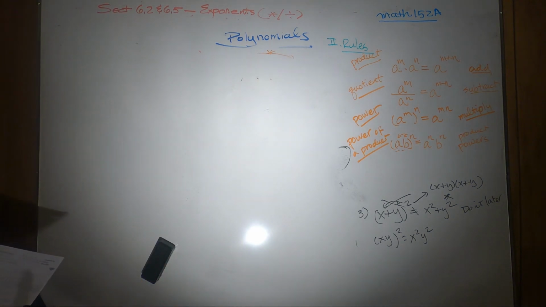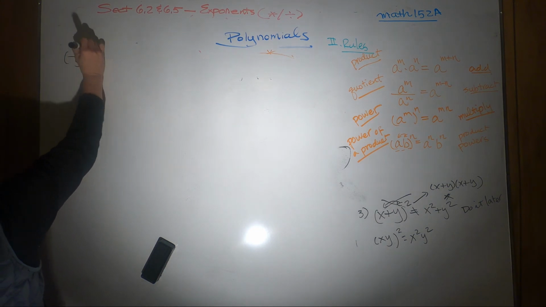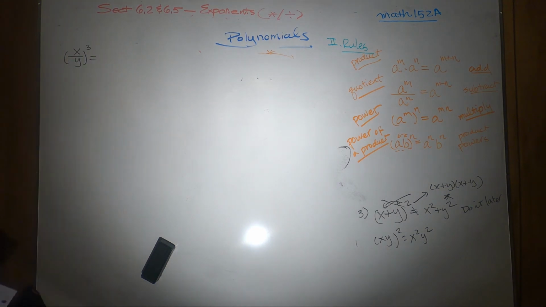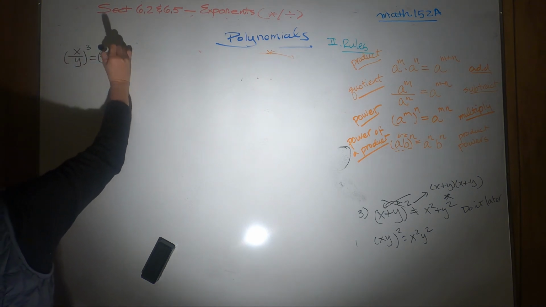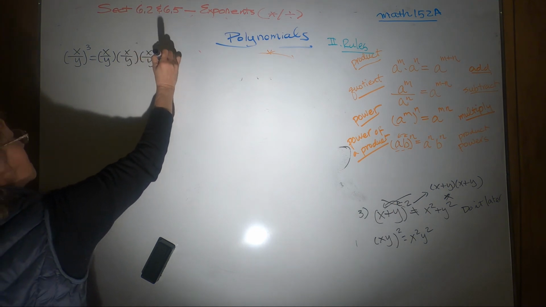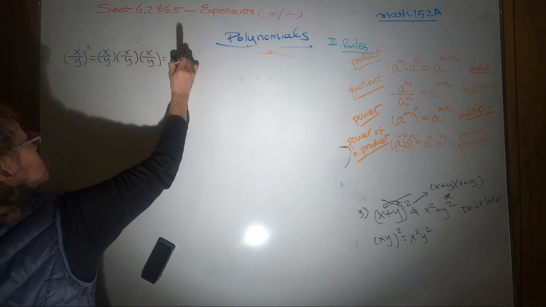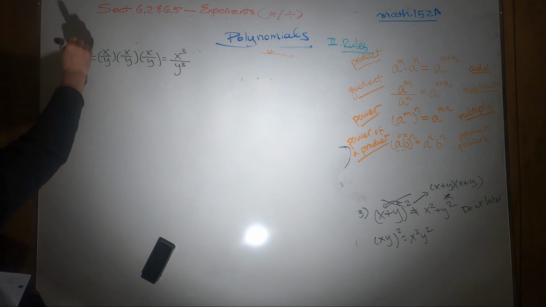Okay, so next one we have, if you have this situation, it's the quotient, right? Same thing, what would you have? You multiply them 3 times, so you have x cubed on the top, y cubed on the top, right? So you need to what?